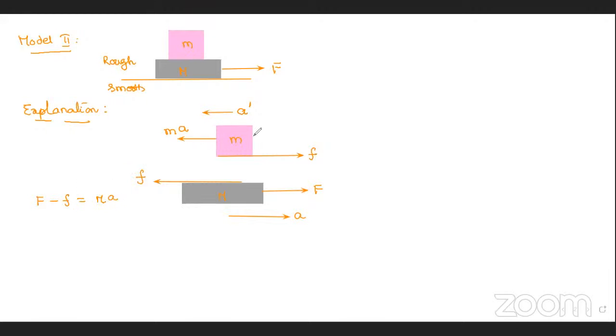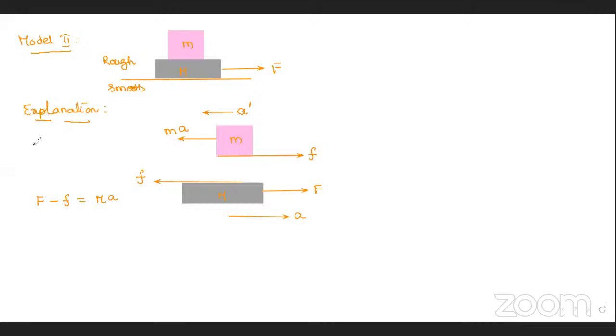Okay, one equation. And on the pink color block, what do you write? m a minus f or f minus m a? It tries to slide back, keep in mind, because of the pseudo force. So m a minus f, very good.